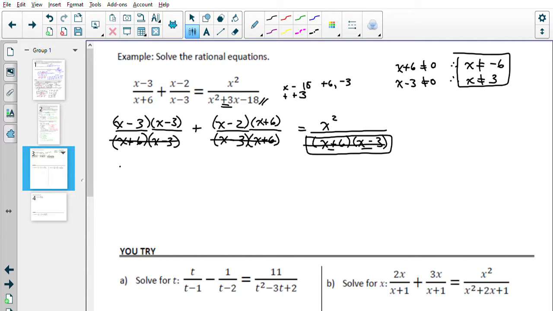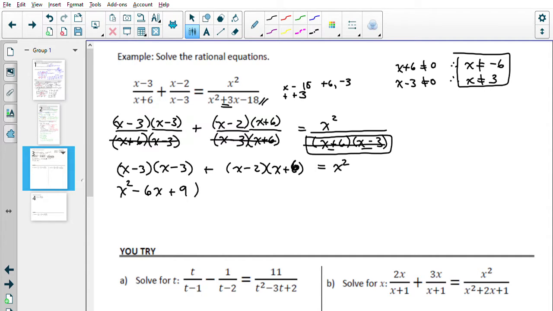So your equation quite simply becomes x minus 3 times x minus 3, and x minus 2 times x plus 6, and x squared. So I'm going to FOIL this first thing, get x squared minus 6x plus 9.